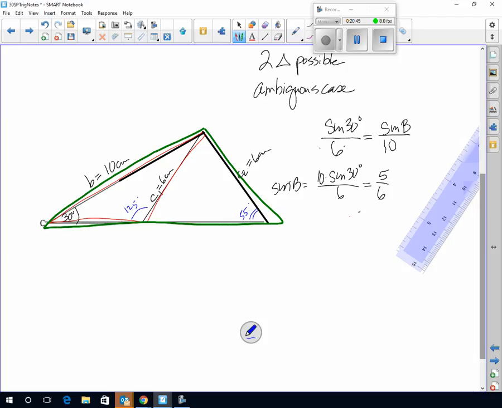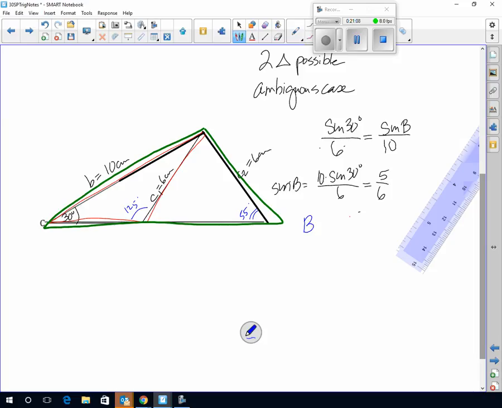If I were to take the inverse sine of 5/6, my calculator would actually say 55 degrees. Try it. Go on your calculator and find what B is mathematically without measuring. How do I do that?